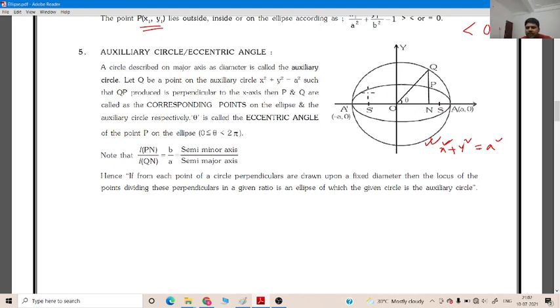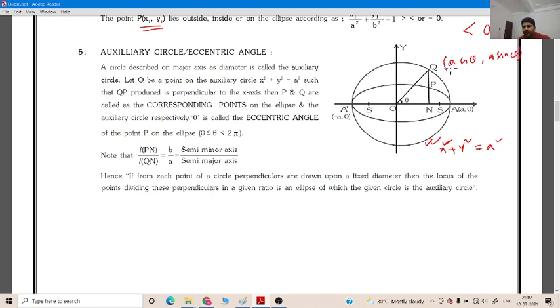Now, if we consider this angle is equal to theta, theta always lies between 0 and twice pi, which is known as the eccentric angle. Then what will happen here? The coordinate of this point Q, you have a cos theta and a sin theta.